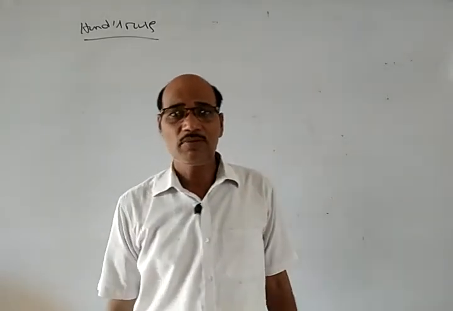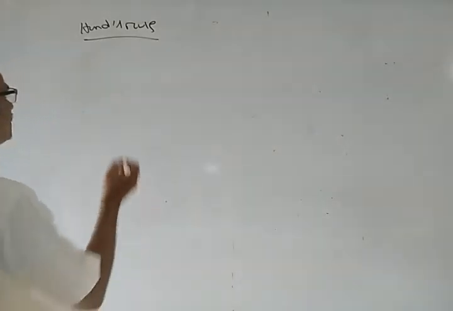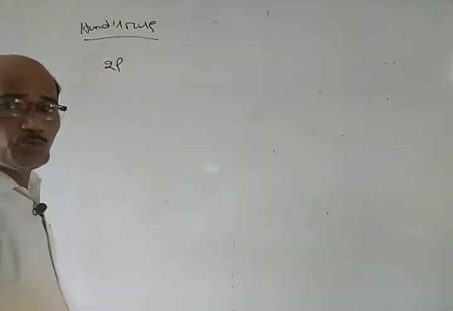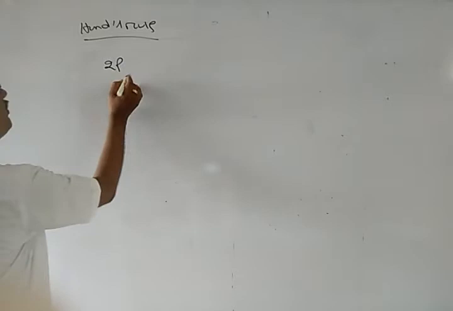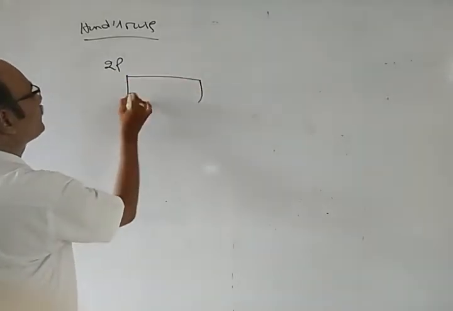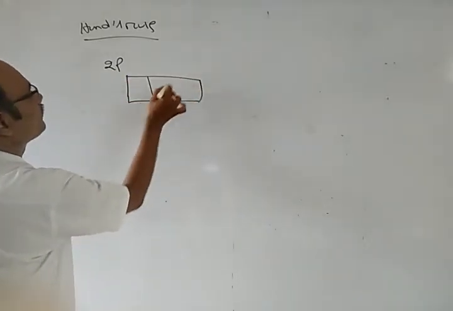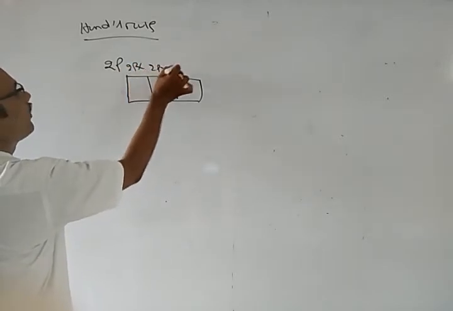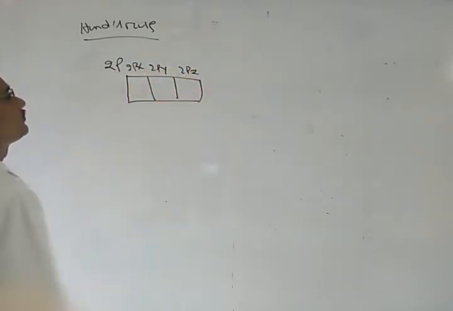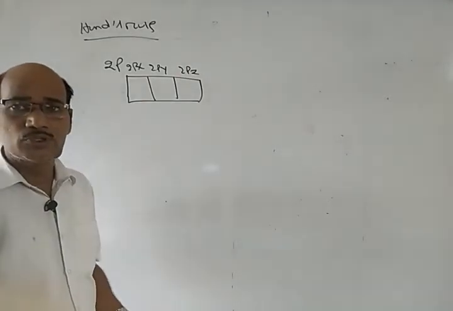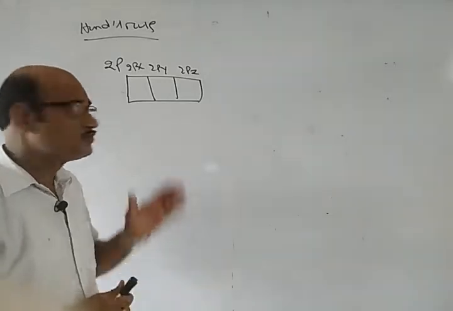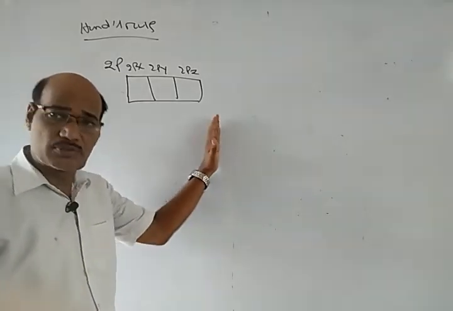That means, suppose I consider 2p. 2p means I have 2px, 2py, 2pz, which are three different orbitals.